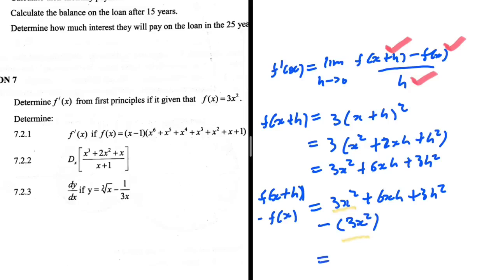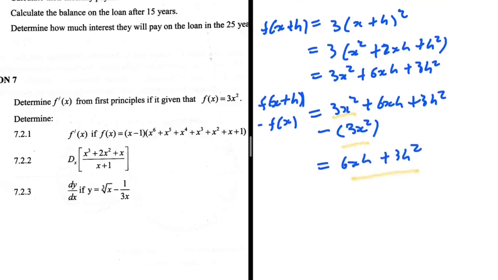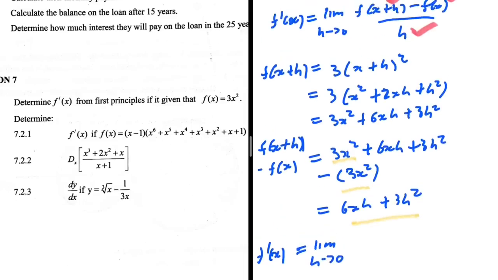We're going to be left with 6xh plus 3h squared. We can then substitute these back into the equation. We're going to get f prime of x as the limit as h tends to 0 of 6xh plus 3h squared, which we have solved, right? f of x plus h minus f of x, everything divided by h.